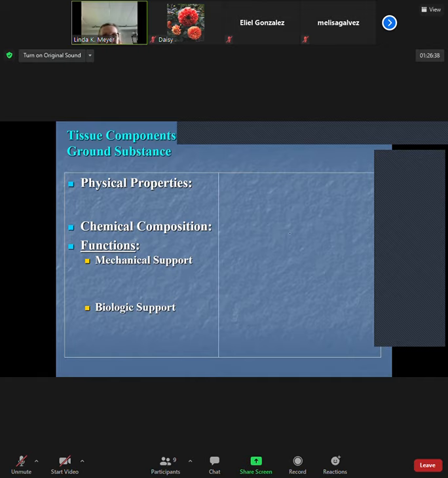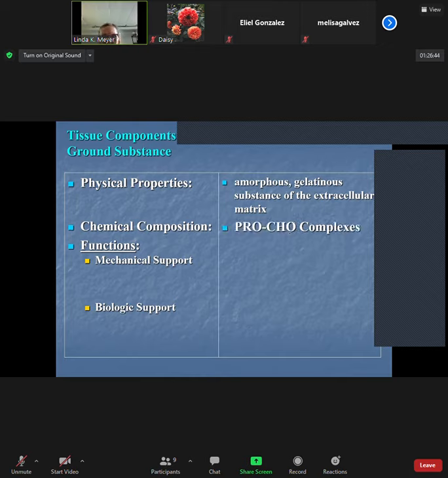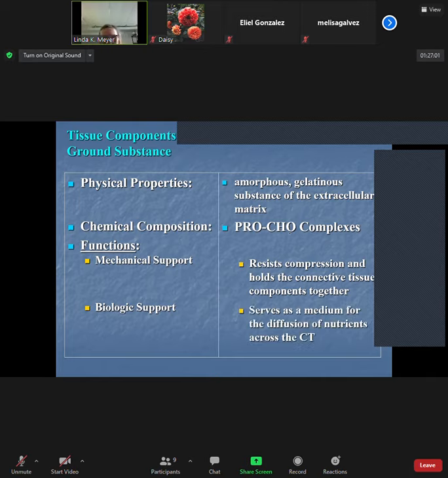So it has the same physical properties: amorphous, gelatinous, made up of these protein carbohydrate complexes, for example, those proteoglycans, provides mechanical support by holding the connective tissue together and resisting compression, biologic support, medium for the diffusion of nutrients.